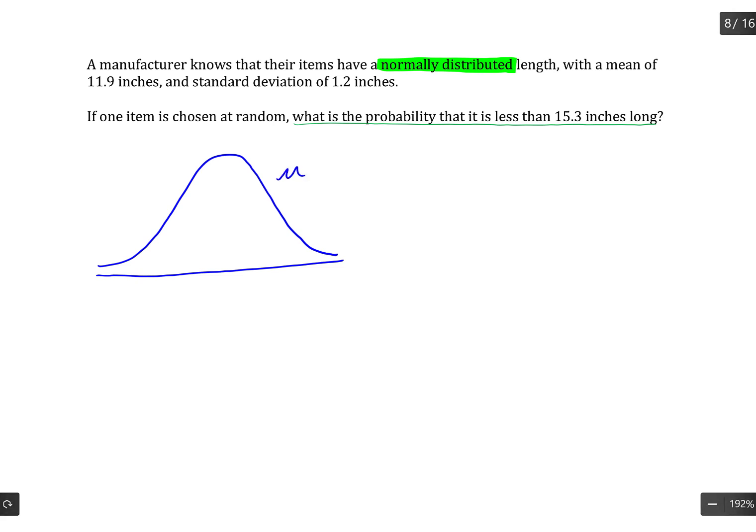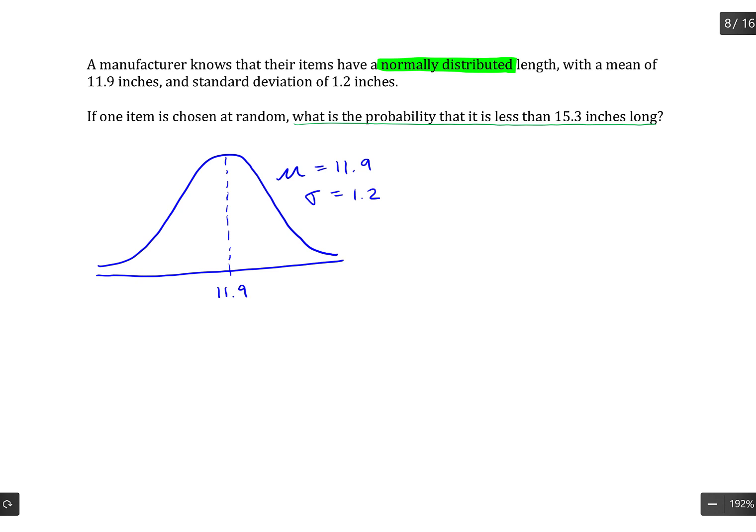The mean of this distribution is 11.9 inches. The standard deviation is 1.2 inches. So the mean is located right in the center. We'll go ahead and label that. Now, what we want is the probability that we have an item chosen at random that's less than 15.3 inches long.